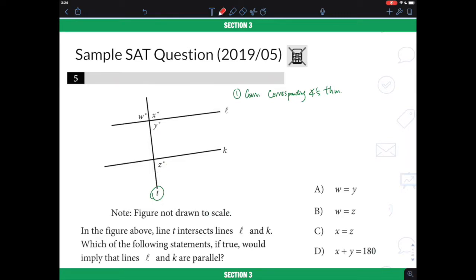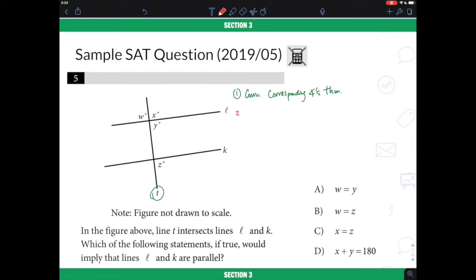If you take a look at angle X and this unnamed angle right here, that's also a pair of corresponding angles, and the F will be this. It's upside down, so still an F. There are other examples, but that's not going to give us any direct hint to the answer, so we'll move over to the second possible choice.